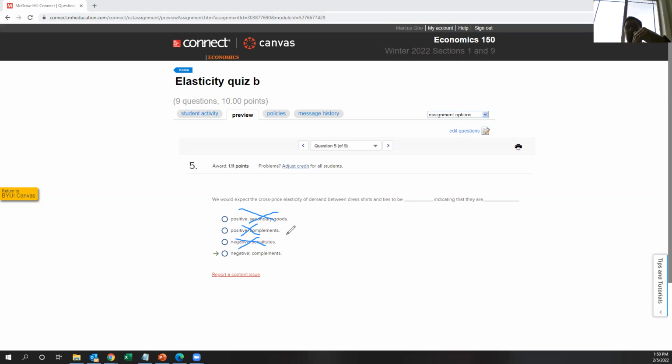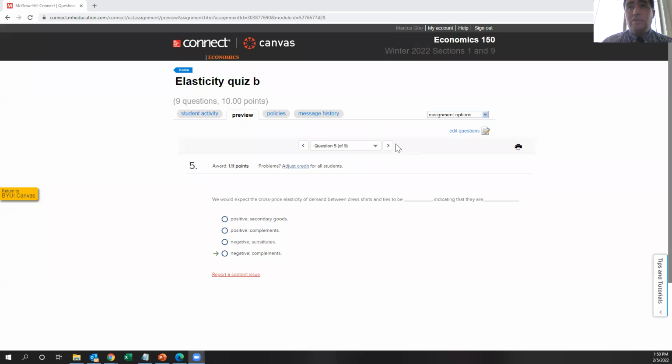Anyways, there's a few ways you can look at it, but there's the right answer. It would be negative and they are complements to each other.